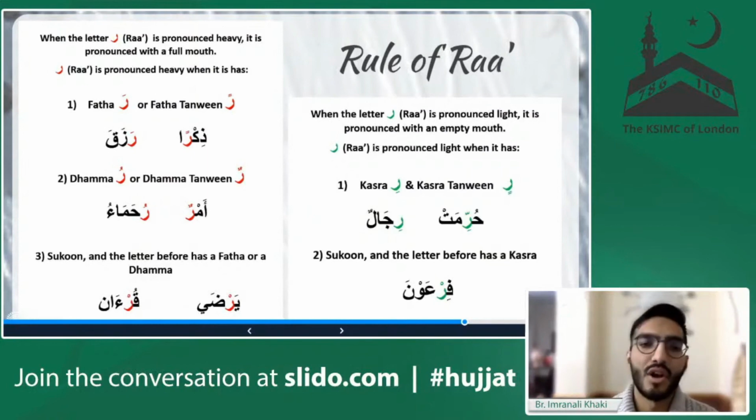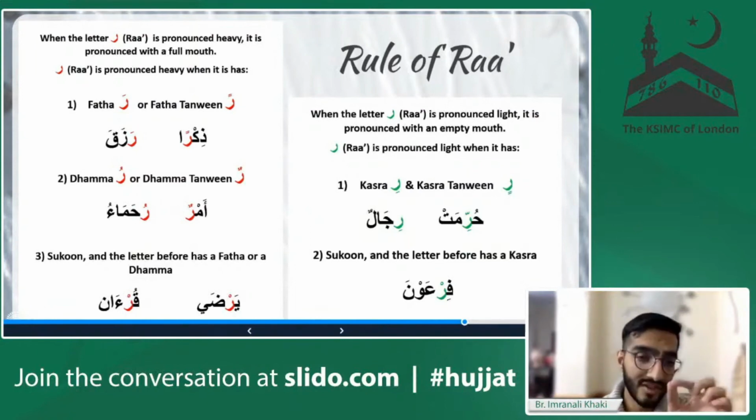So for example, dhikra or amrun. And if the letter before the sukun ra has a kasra, pronounce the ra with a light, empty mouth. And we gave the example of fir'aun or hurrimat.